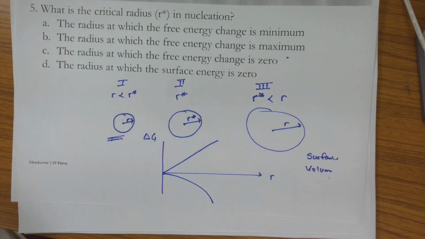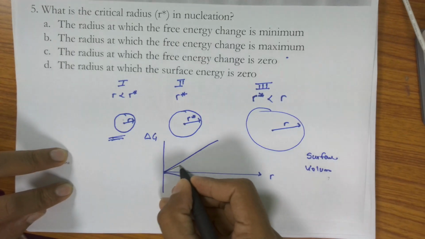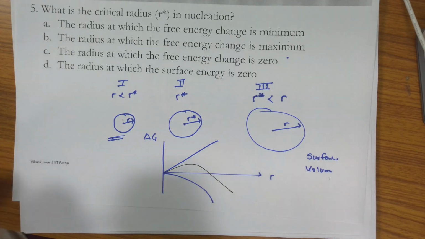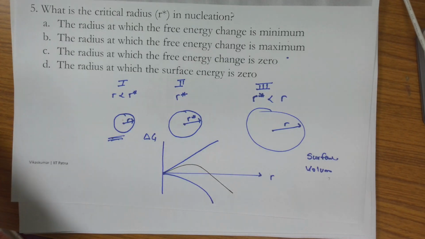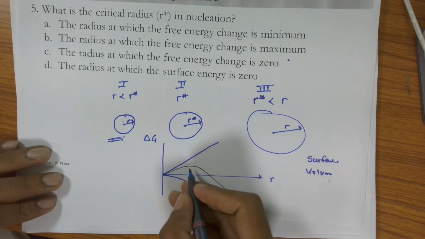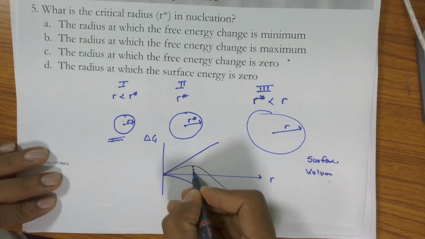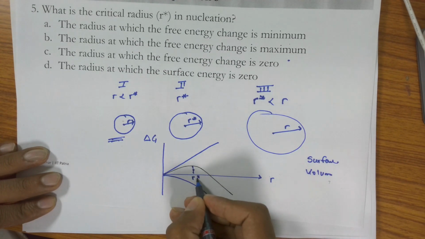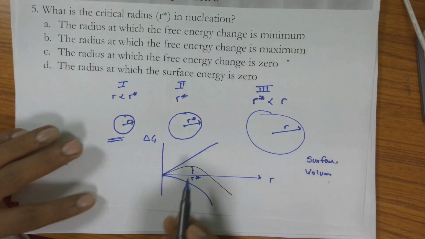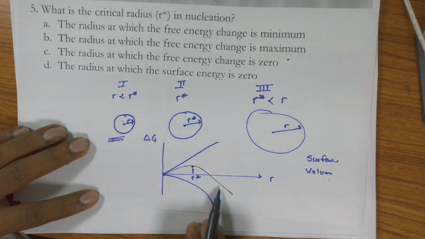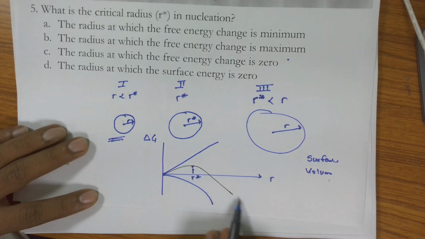Their resultant, the overall, will go something like this. We call this particular radius R star, because after this the delta G keeps on decreasing.